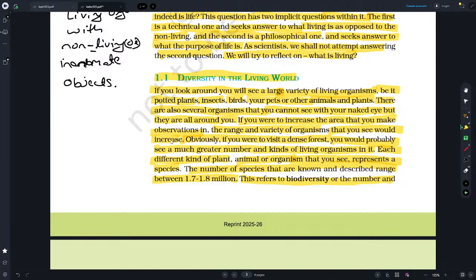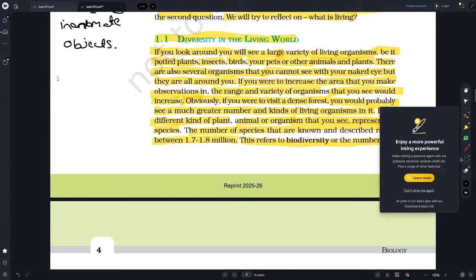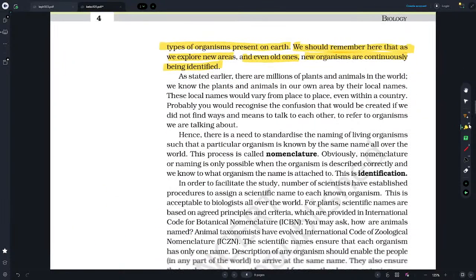And up to today, the total number of species identified is around 1.7 to 1.8 million. And as we explore new areas or even old ones, new organisms, new species are continuously being found.